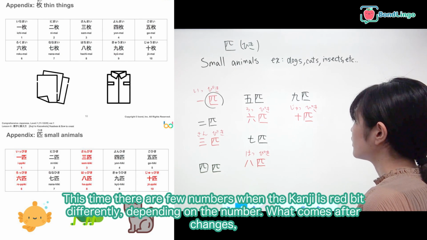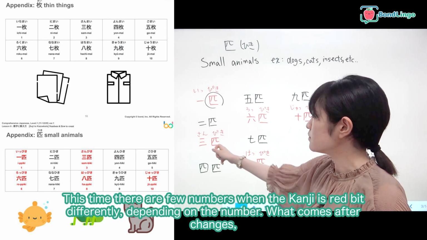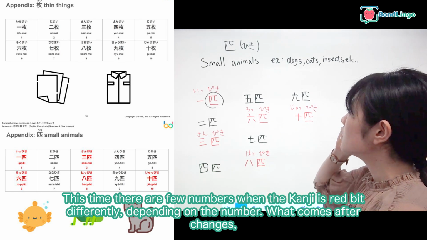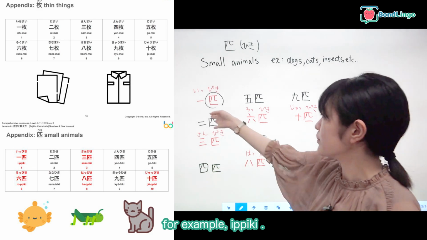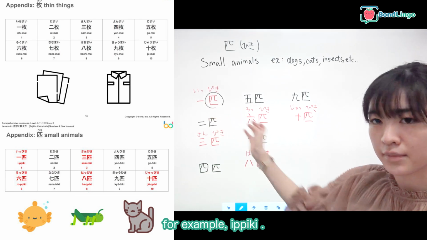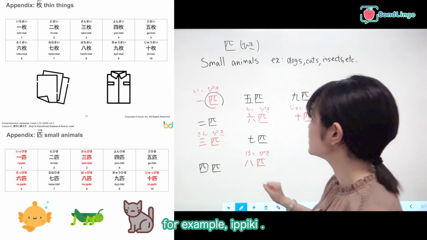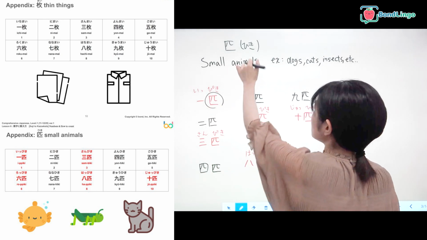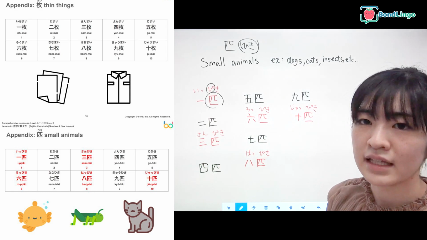So this time there are a few numbers when the kanji is read a bit differently. Depending on the number, what comes after changes. For example, ippiki. This is one small animal. The hiki becomes pi, piki, ippiki.